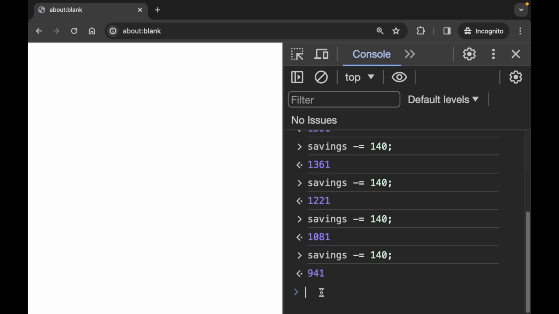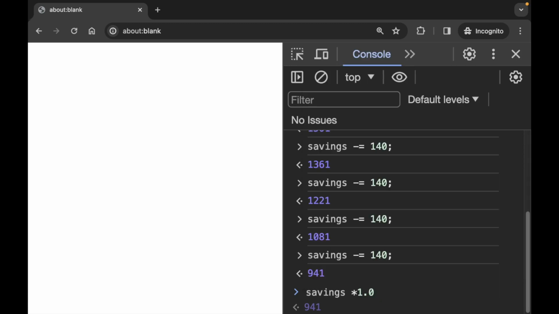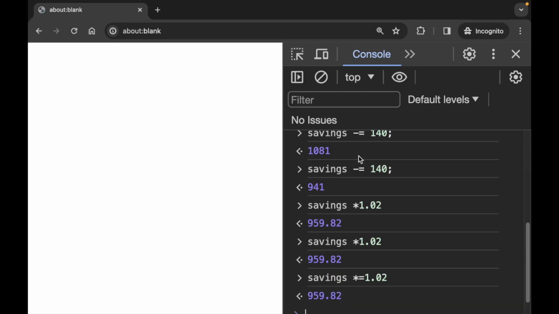Just as we did with others, we can also do multiplication and division. So let's do savings, and let's say that we have an interest rate, so multiplied by 1.02. Just as we had a plus equals and a minus equals, that reassigns it inside of the variable.